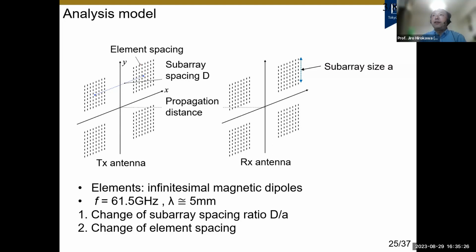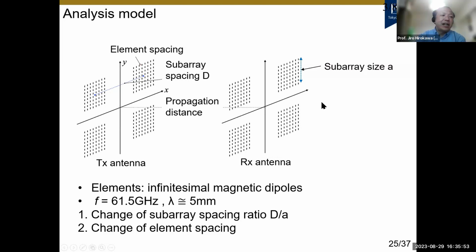And so we investigate propagation distance increase by introducing subarray spacing, as shown in this figure.